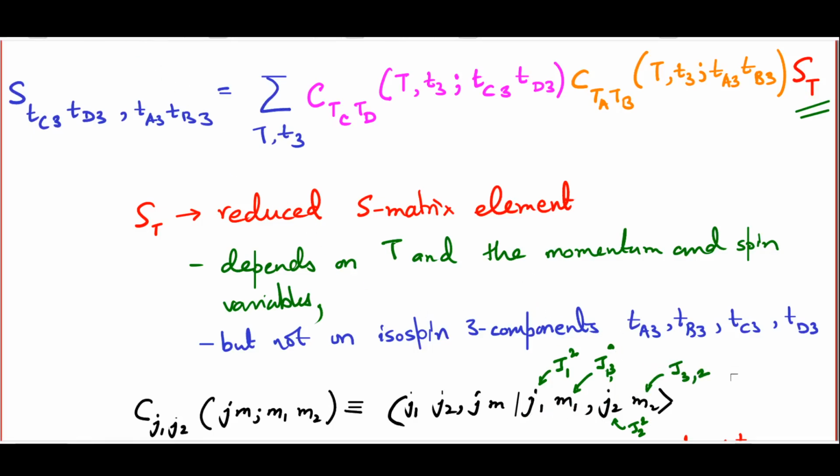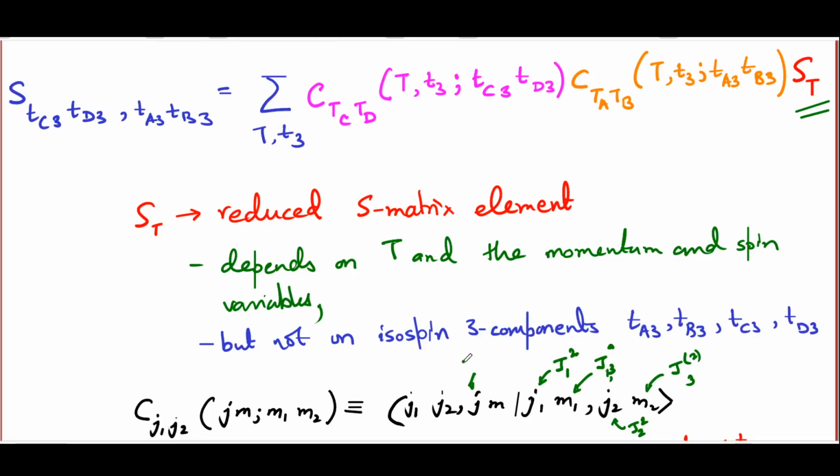Maybe I should write this as J2, 3. So this 2 stands for the second particle. This is the third component. On this side you have J1, J2 which mean the same thing as on this side.